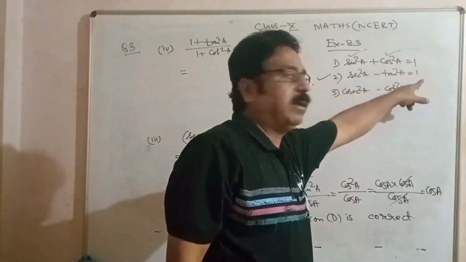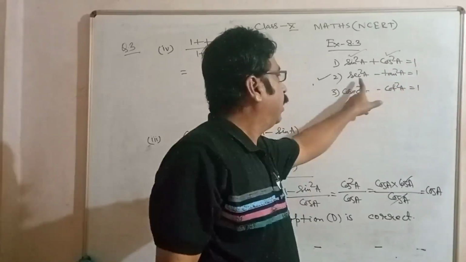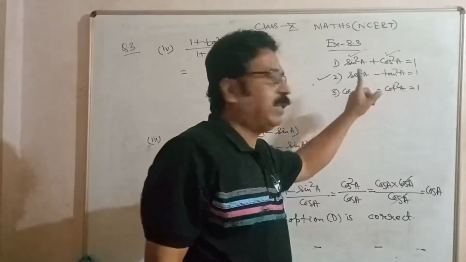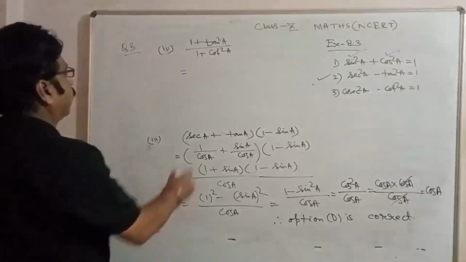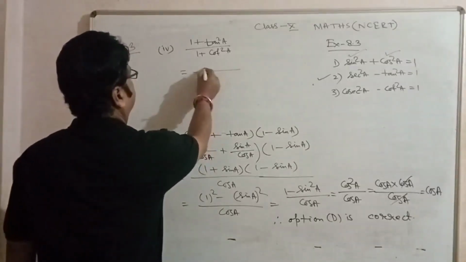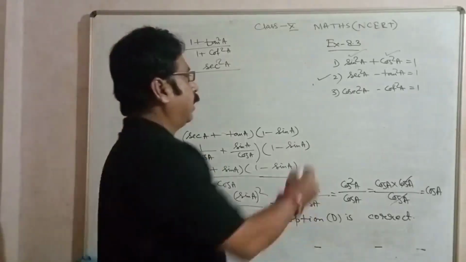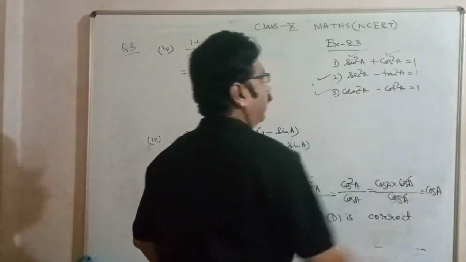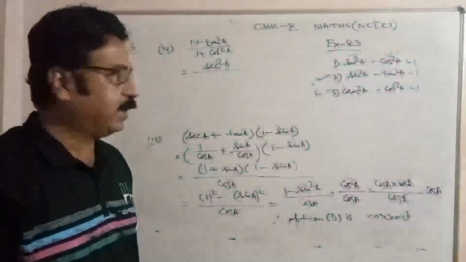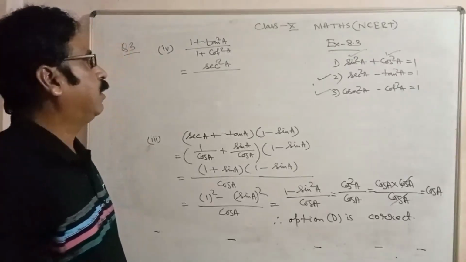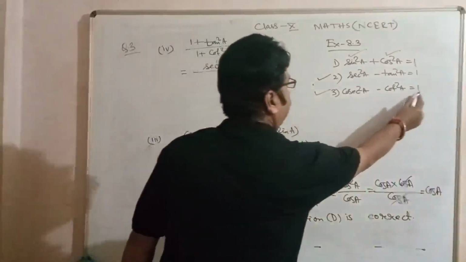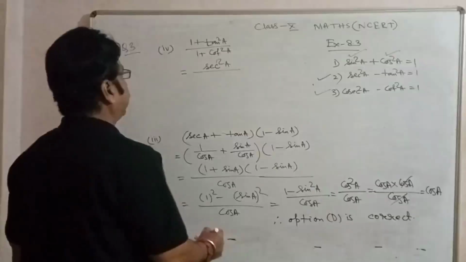Sending it to the right side, it will be plus tan square A. So 1 plus tan square A will be sec square A. Here cot square A, if it goes from left to right side, it will be plus cot square A. So cosec square A will be 1 plus cot square A.